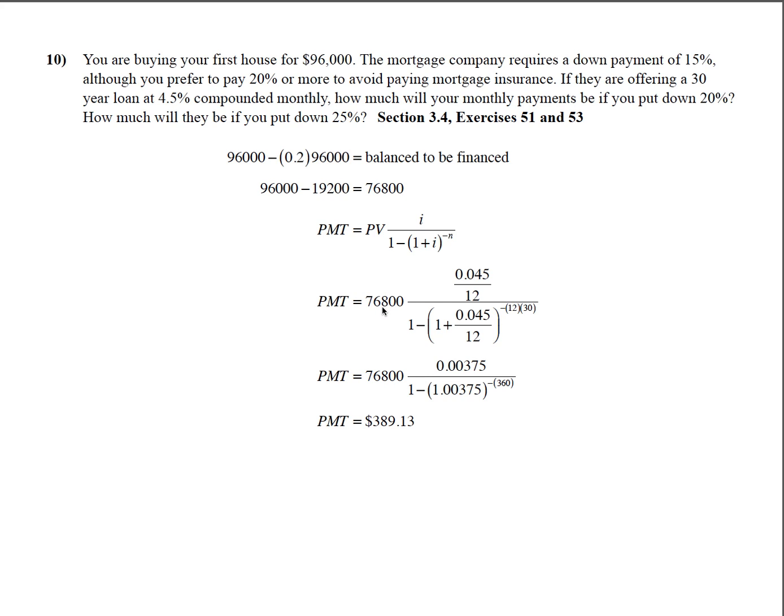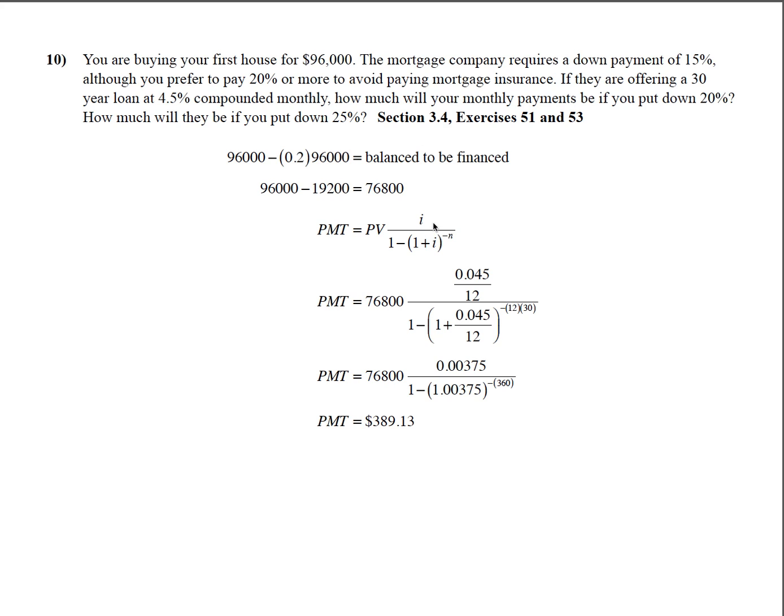$76,800 is the present value of an annuity, and to pay that annuity down to zero, this is the formula for the payments that we need right here. And so payments are our unknown, so that goes without being filled in.